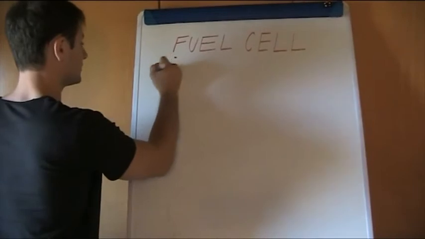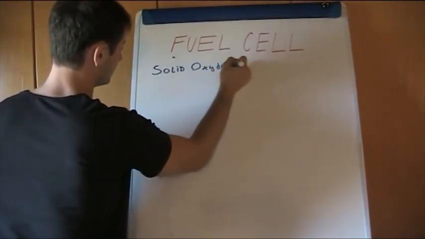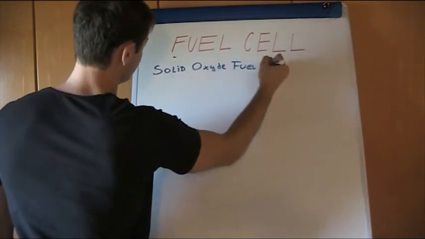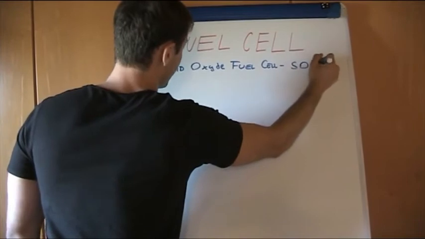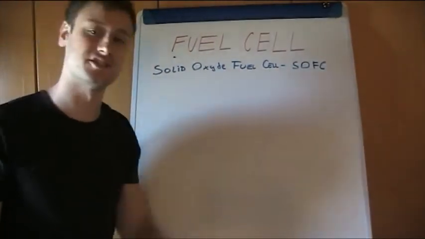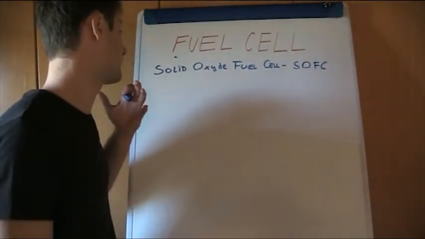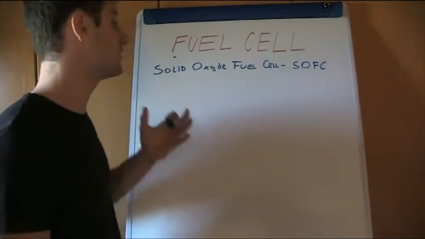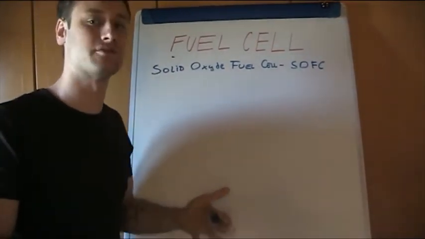The first type of high temperature fuel cell that I want to describe is the solid oxide fuel cell, SOFC. This type of fuel cell is based on the use of a solid oxide as electrolyte, or maybe a ceramic material.